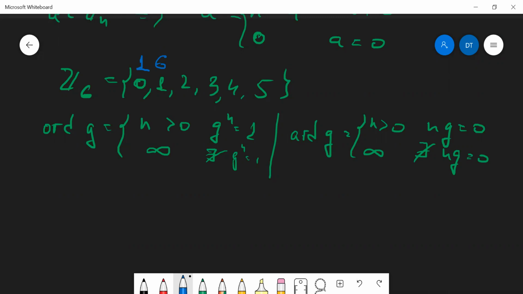Its second power is 2. Next power is 3. Next is 3 plus 1, which is 4. The next power, 4 plus 1, is 5. Next, 5 plus 1 is 6, which is 0 modulo 6. And that means that this is the first power which is 0. Okay, so 6 is the order of the element.